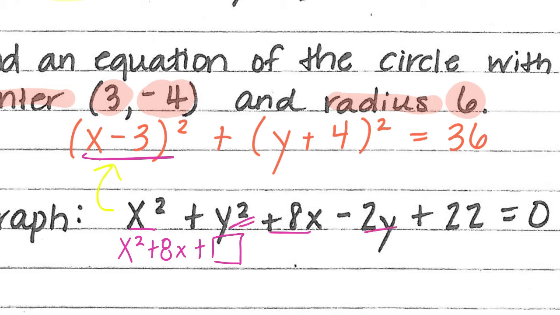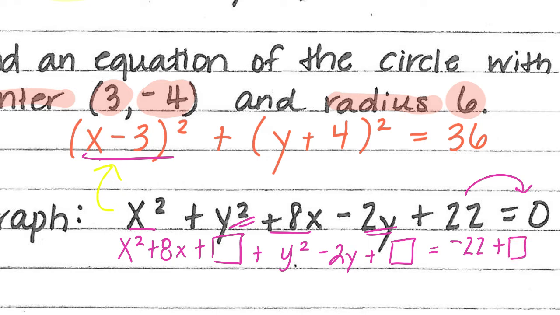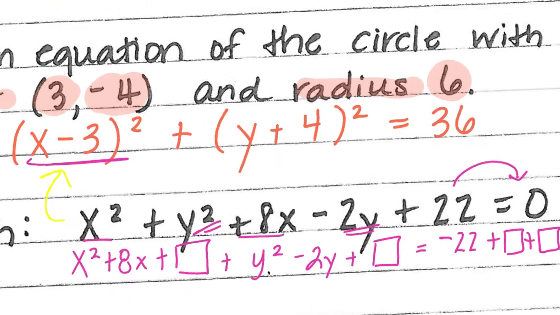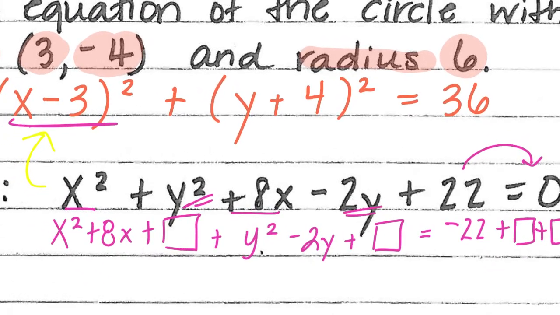And then I'm going to put the y's together, y squared minus 2y, and I have to complete that square. And then I have to bring this 22 over. But remember, I completed the square twice, so what I add to one side, I also have to add to the other.